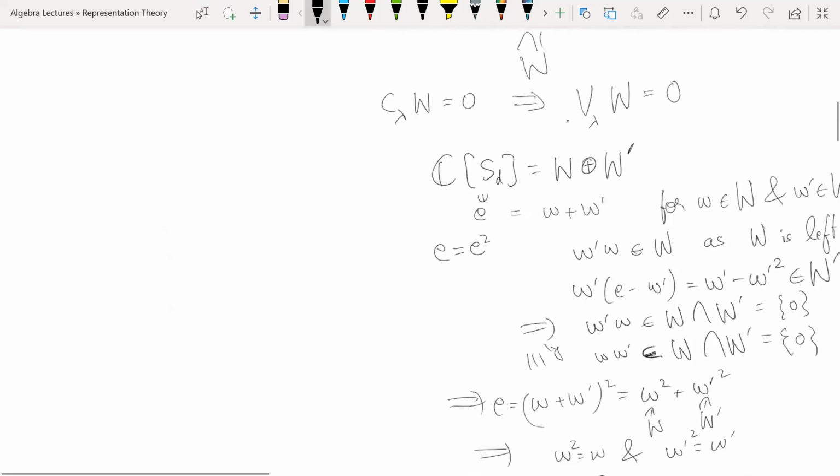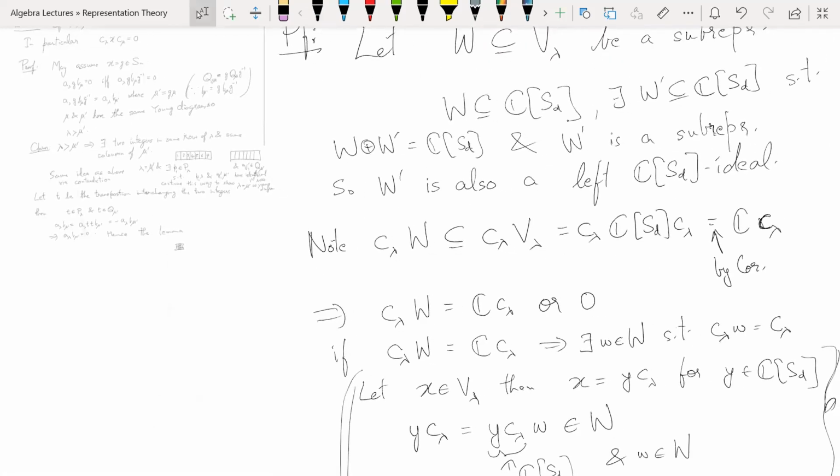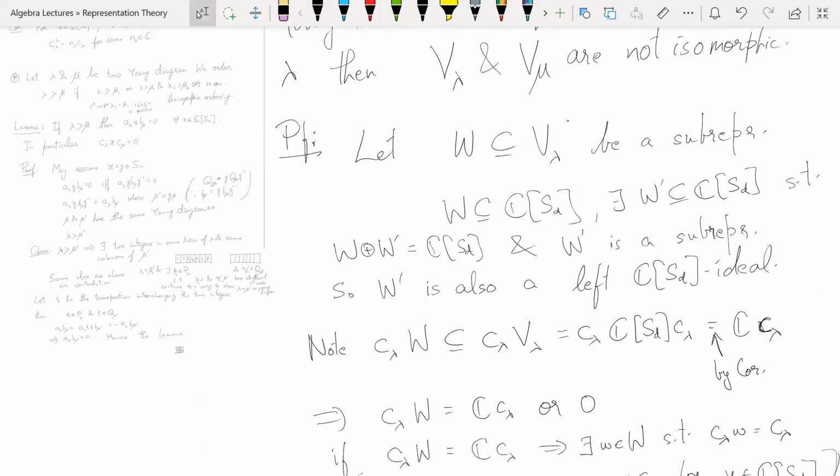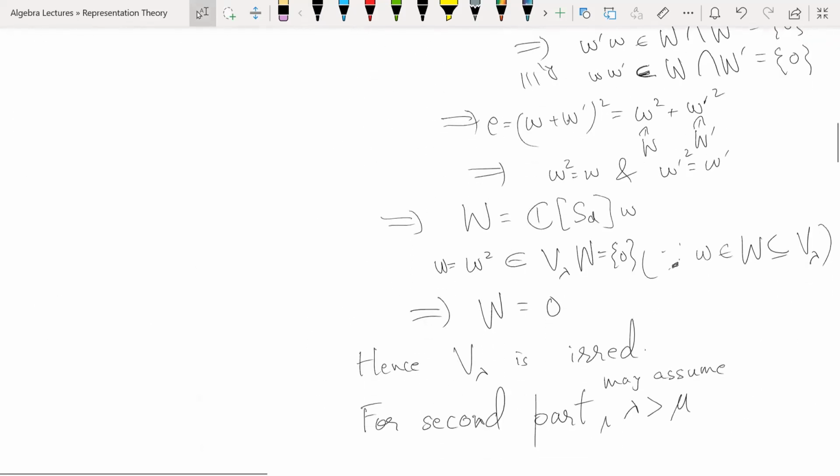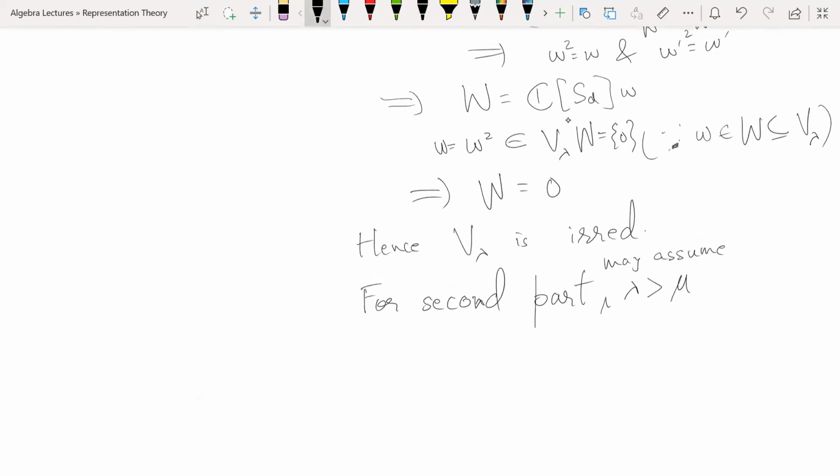Then we will use the other lemma, which we saw here. That tells you that C lambda times C mu is 0. So this implies that C lambda CST C mu is 0, and this guy is V mu.